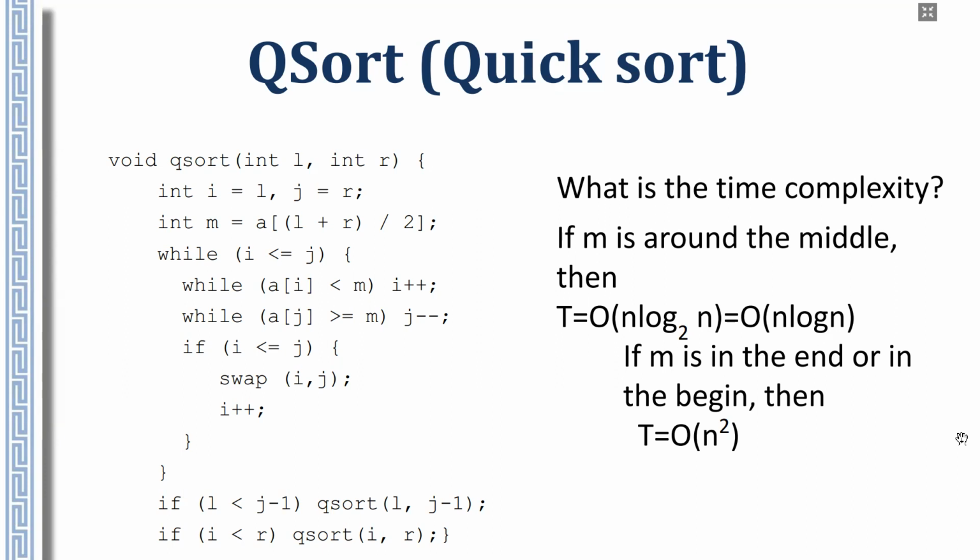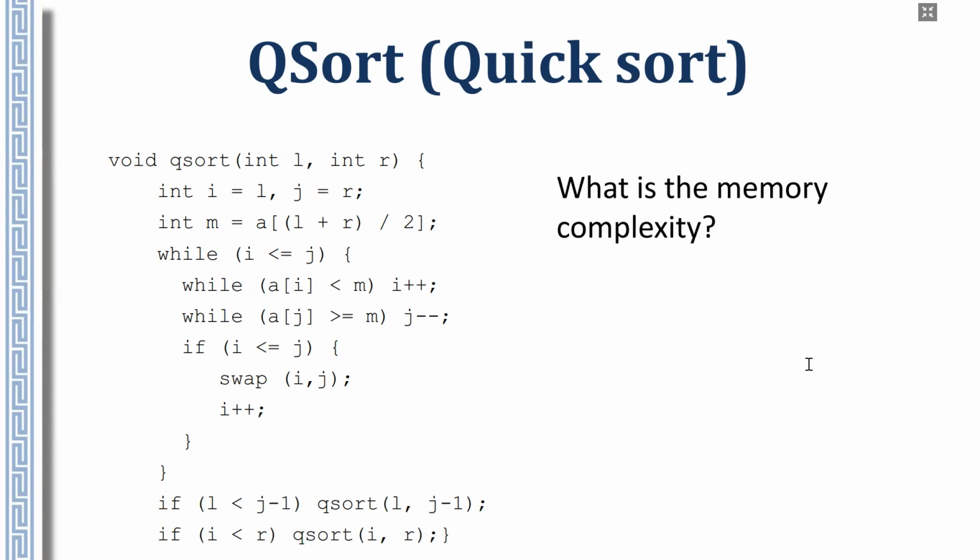How can we fix it? For example, we can randomly choose one element between f and r. In that case, no one can attack you, but with very small probability, we can get complexity n squared.